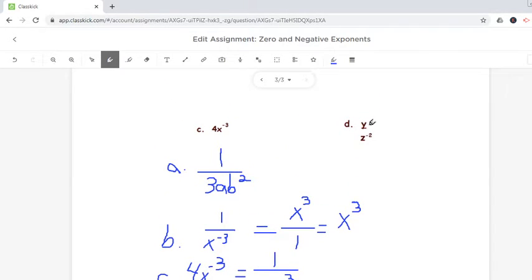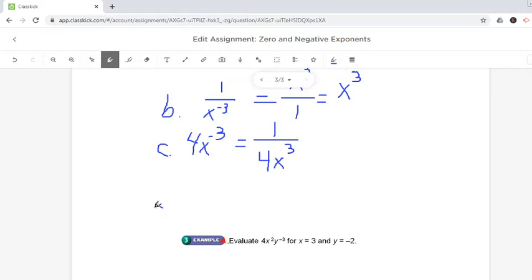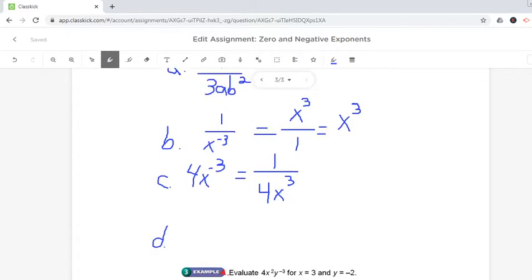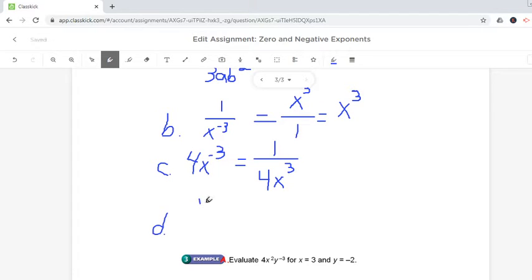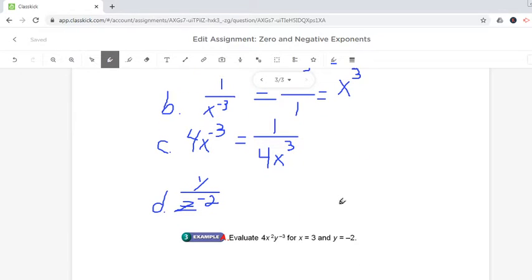Okay. D, y over z to the negative second. Okay. So, negative exponent in a fraction. So we need to flip it.